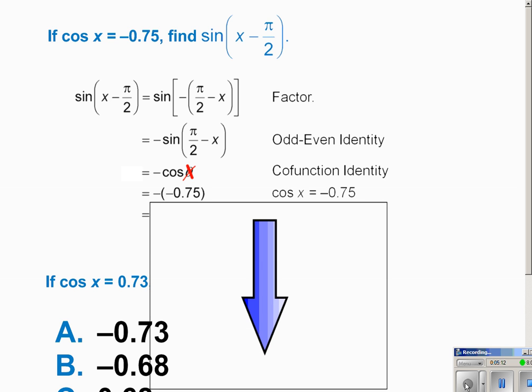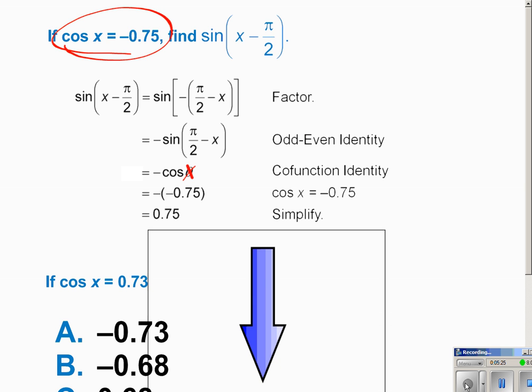But the cosine of x, we're told here, is negative 0.75. So we have the opposite of negative 0.75, which is 0.75.